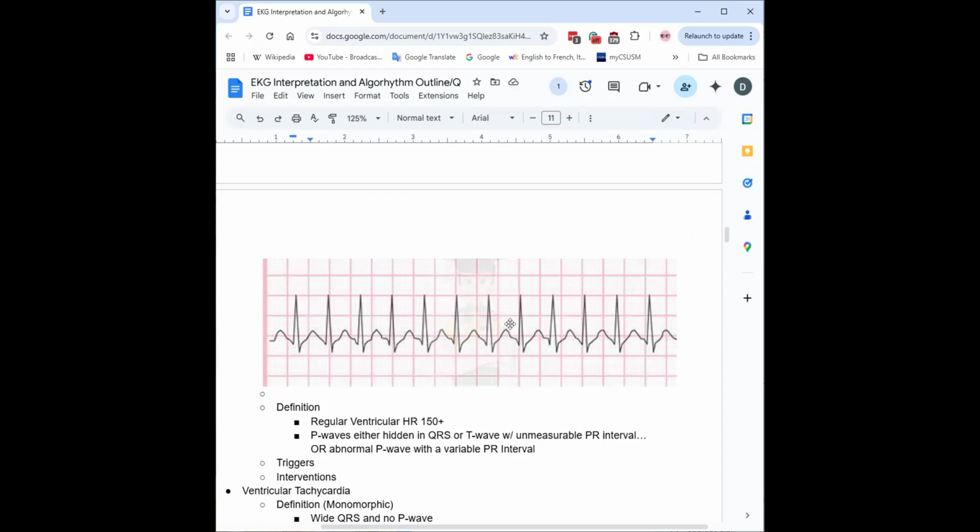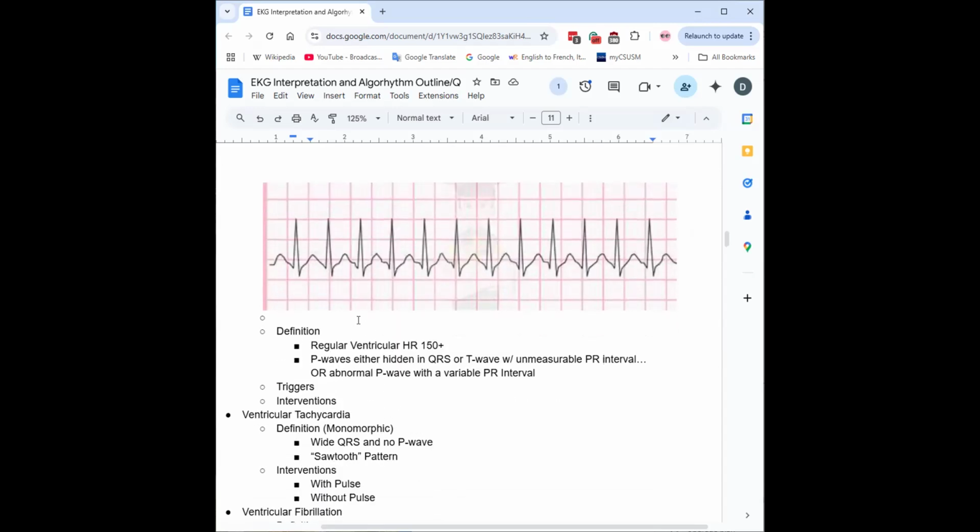It's not the prettiest, but you can kind of see from this picture that we have a regular R to R. You also notice that the P waves are typically either hidden in the QRS or hidden in the T wave.